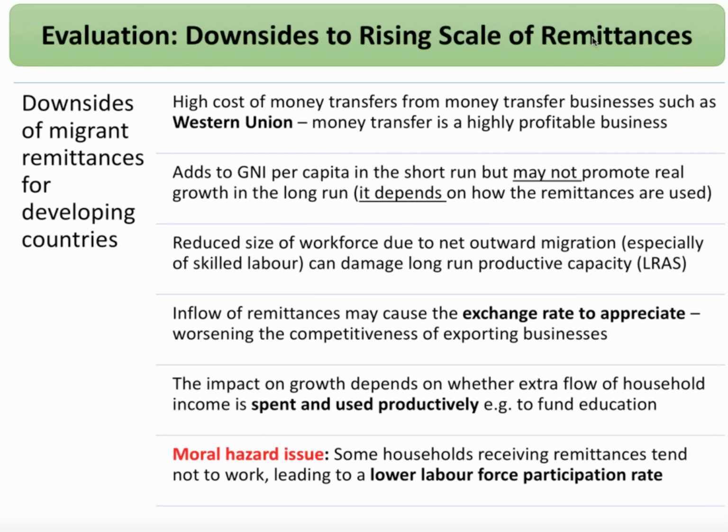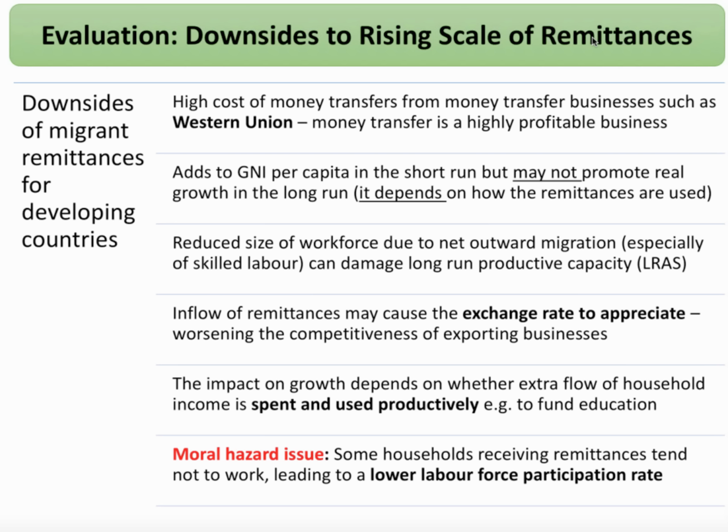Perhaps if Zambia invests in more mobile technology, similar to what's happened in Kenya, the rise of mobile money transfer would help to bring down the cost of sending remittances. So that could be a supply side strategy you might want to mention. Remittances do add to GNI per capita in the short run, but you could make a case for saying, well, does it promote genuine sustainable growth in the long term?